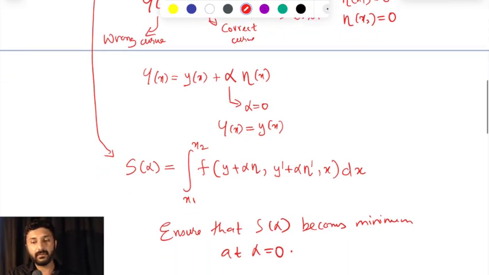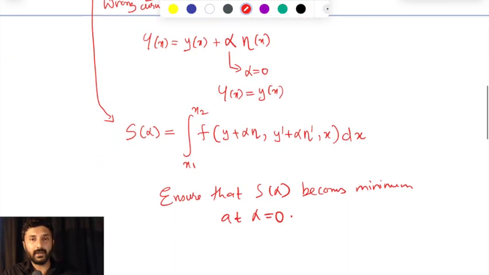So when alpha becomes 0, this integral should take on a minimum value. And how do we do that? This we know from basic calculus, that whenever you want to find the minimum value of a function or impose a condition that the function be a minimum at a particular value of the variable, we expect its derivative to be 0. This basically means that its tangent is going to be flat, so the slope is 0, and therefore that's going to be a minimum.